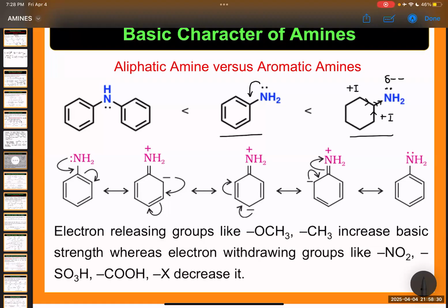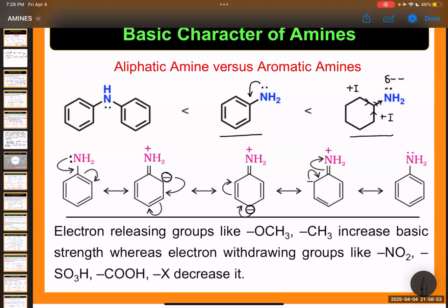And if it has moved into the ring, look, these are the resonance structures of aniline. So the lone pair which was there on the nitrogen is not on nitrogen. It has moved to the ortho position. It has moved to the para position.